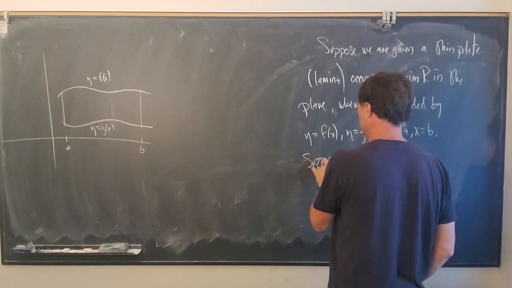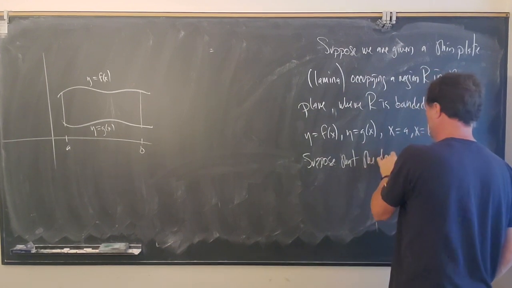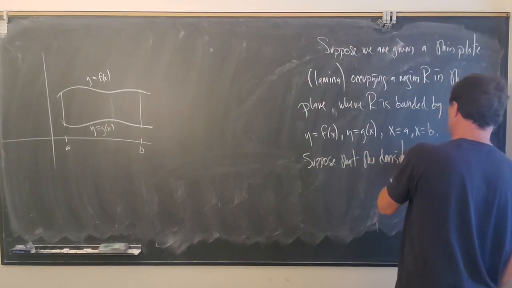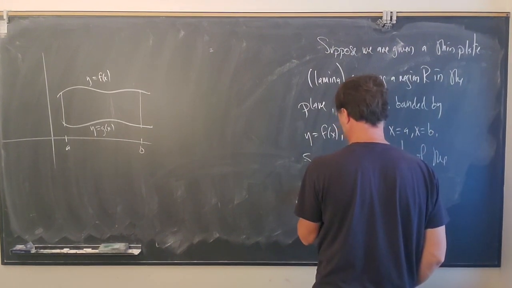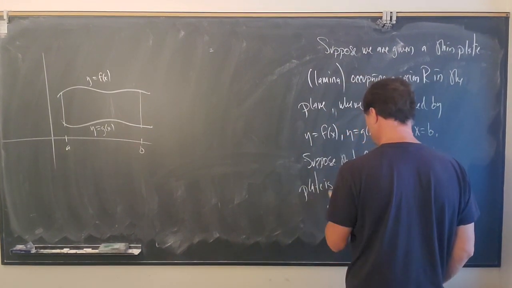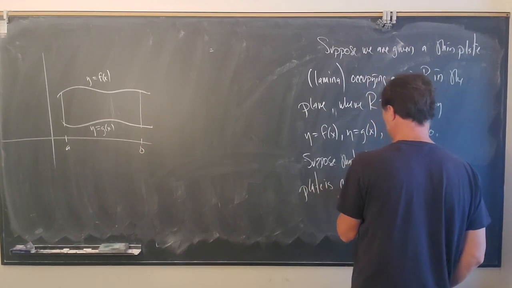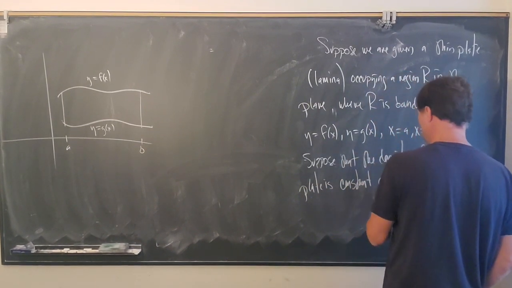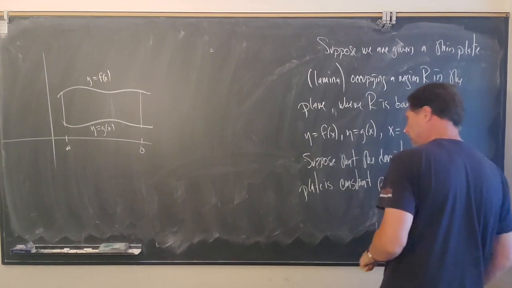Suppose that the density of the plate is constant rho throughout. And remember, what is density?